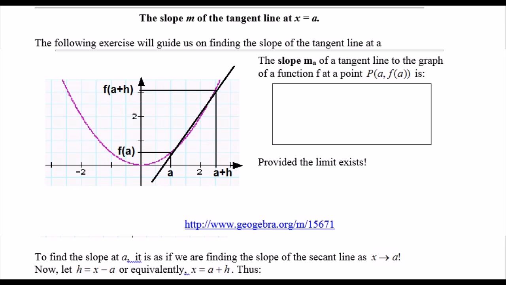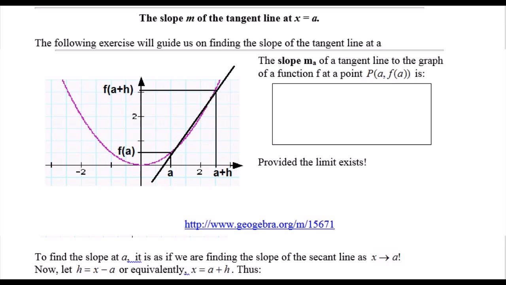If we have a bunch of different secant lines, and we're making our box smaller and smaller, we're eventually going to get down to the point where we have just our tangent line left.